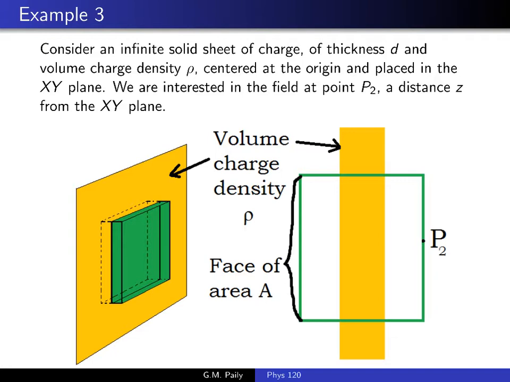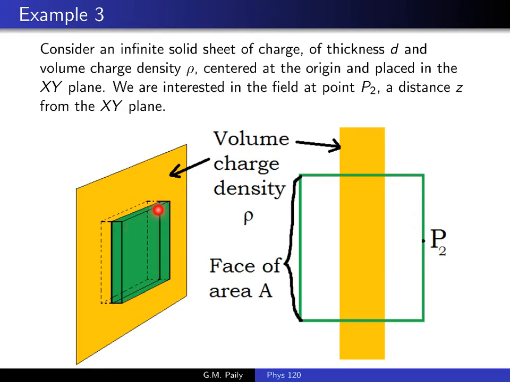Here the symmetry is planar symmetry, and we use a Gaussian surface that looks like a box. It is sometimes called a Gaussian pillbox. Here I show the sheet as well as the pillbox in cross-section.